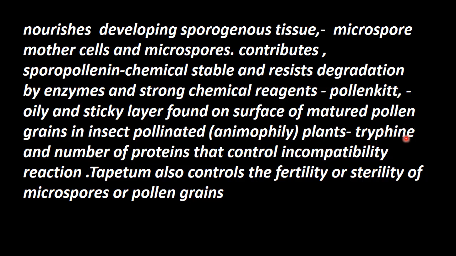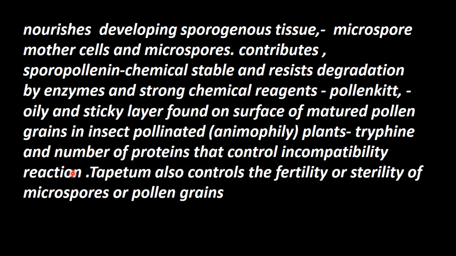Not only tryphine, but also a number of proteins that control the incompatibility reaction. What is this incompatibility reaction? When pollen grains fall on the stigma of the female part, not in all cases is the pollen allowed to enter inside the stigma.